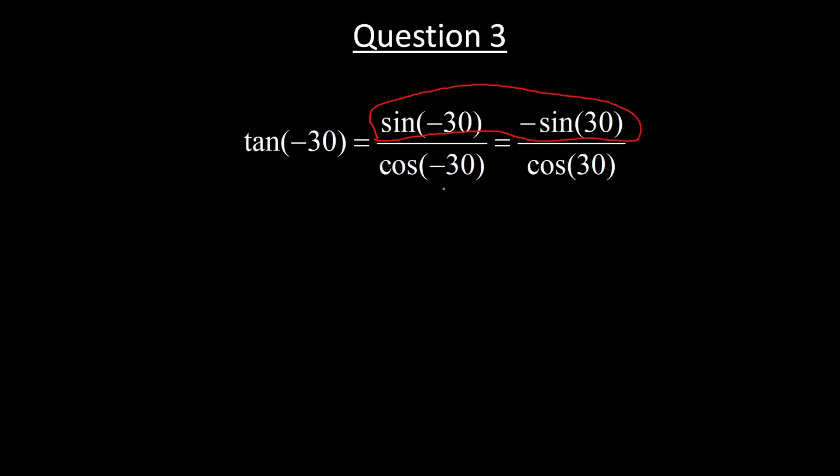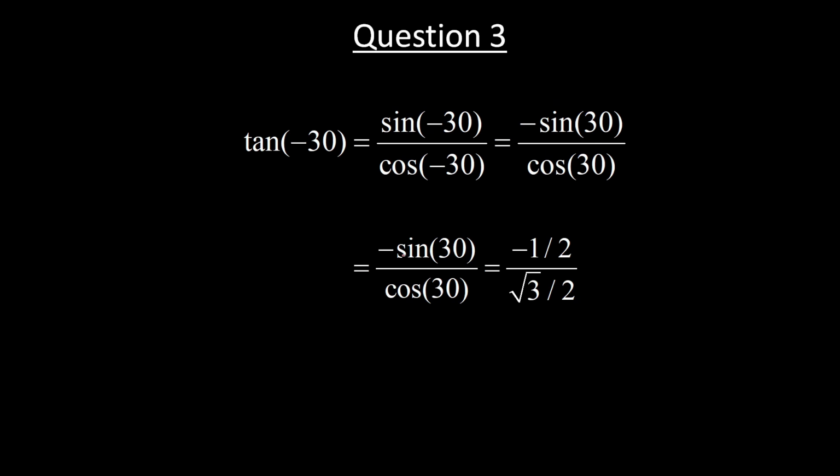And then cosine is an even function, which basically means this minus sign doesn't matter. And so we get this result. And we know what sine of 30 is. It's 1/2. We know what cosine of 30 is. Square root of 3 over 2. These 2's will divide out. And so we're left with minus 1 over square root of 3.